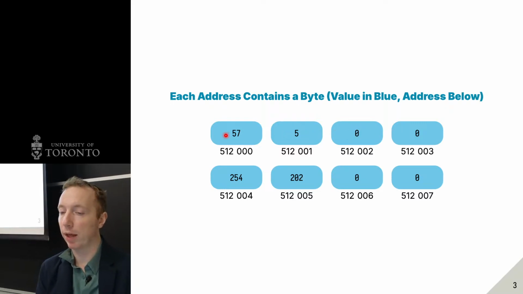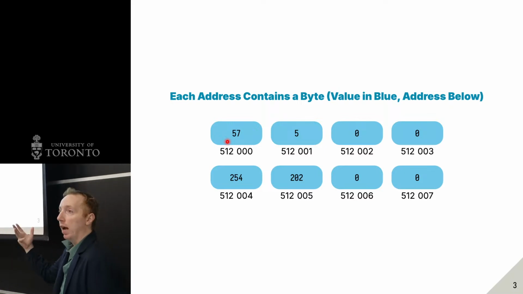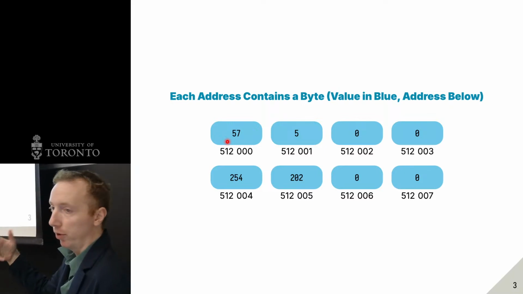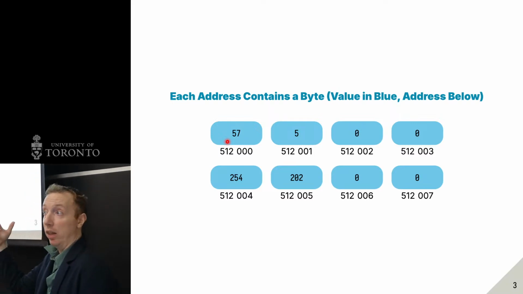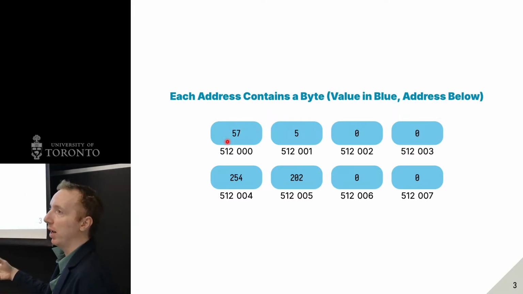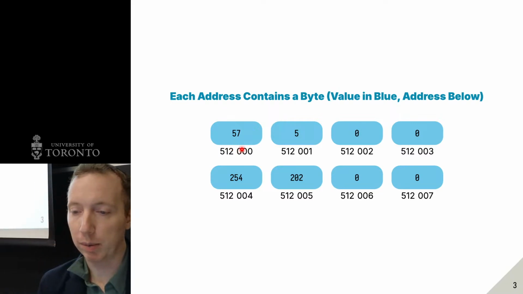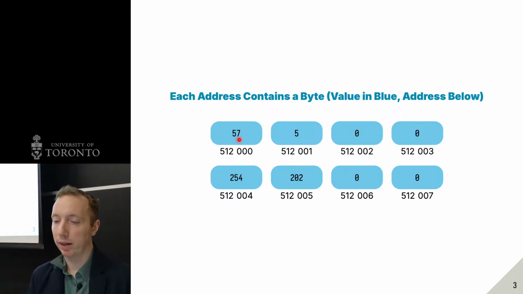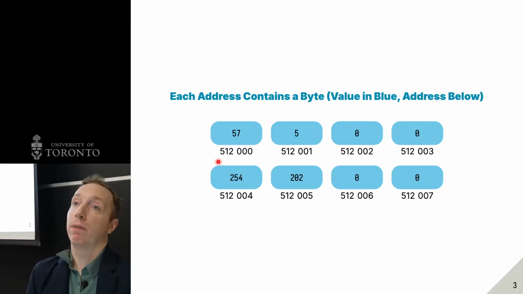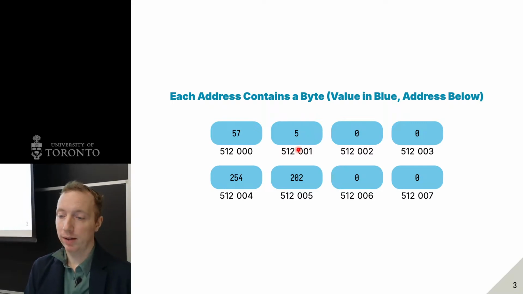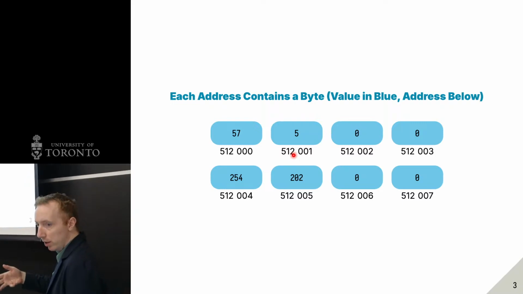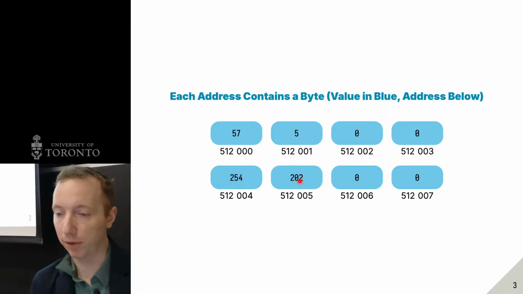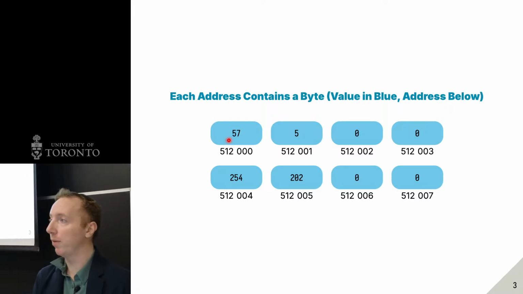Below that, we'll have an address, which will just be some number. Your computer has a lot of memory, so these numbers will get quite huge. We might say that this byte lives at address 512,000. This byte lives at address 512,001, and so on and so forth. So this shows the address and the value of all bytes.